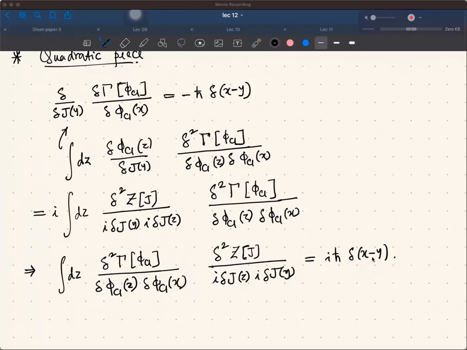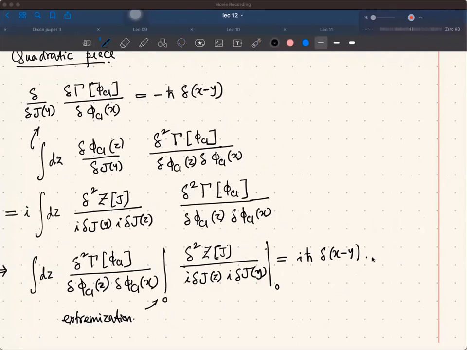So let me write it here. This is at phi_cl equal to 0, which is basically extremization, and this is j equal to 0. Okay, so let me write it more explicitly.